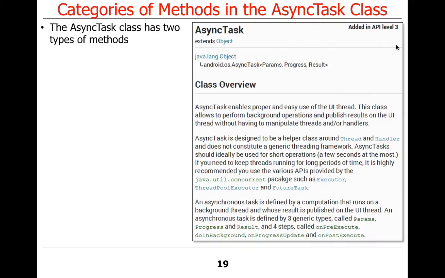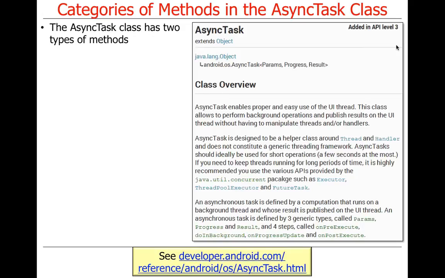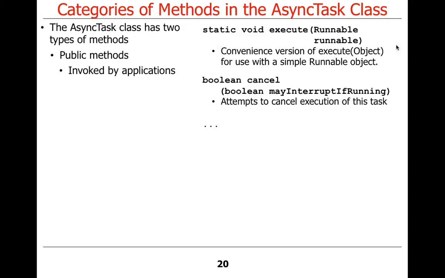All right, so let's talk more about async tasks now that we've talked philosophically about layering. There are two different types of methods in async tasks. One type are public methods, and these are the things that are invoked by applications. And there's really just a couple of them. There's execute, where you give it something to run, and you can either do execute or you can just pass in a string.